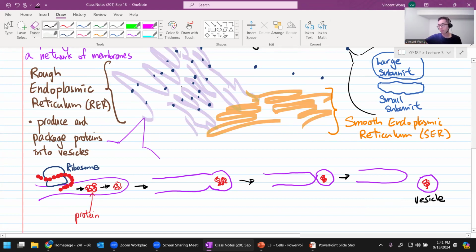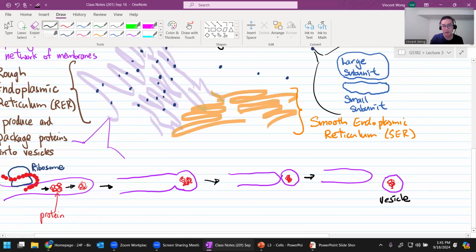And once you form the entire thing, right? Once you form the entire protein like this, I told you it will fold up into like a ball, right? It'll fold up into a 3D shape. That's what I'm trying to draw here with this red cluster. And then this will move towards the edge of the network, and then it bubbles off. Okay, hope that helps.